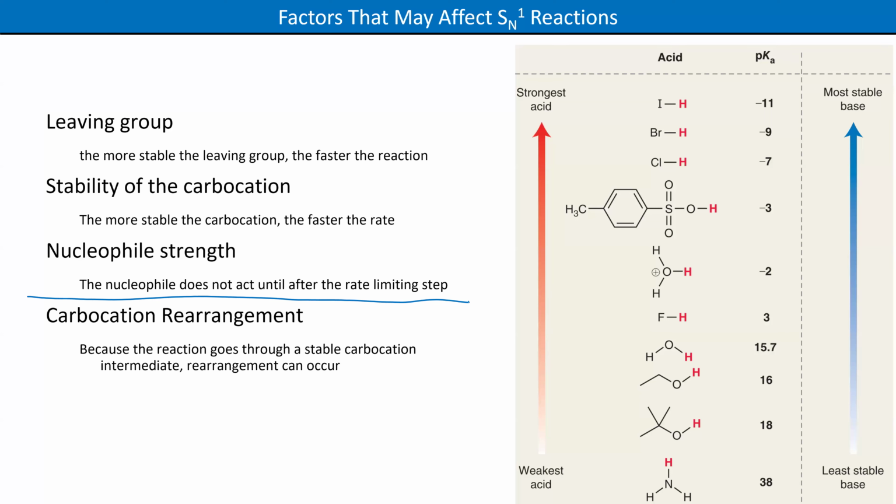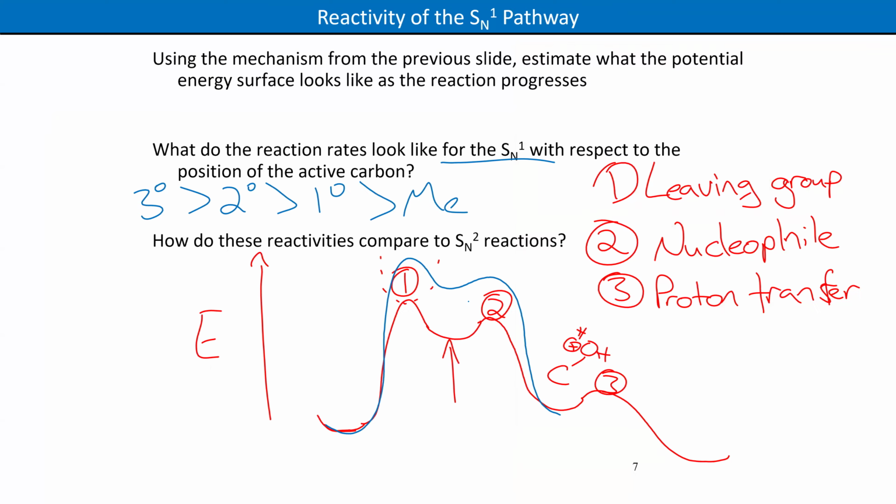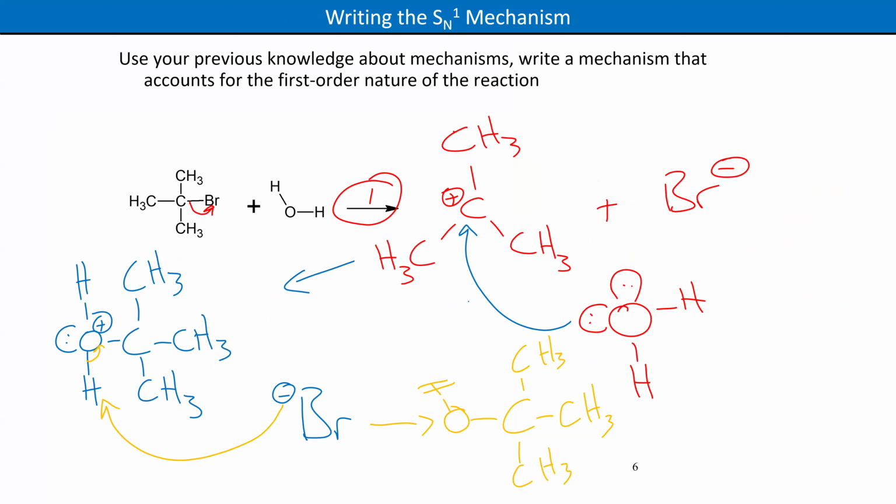However, SN1 adds one more wrinkle. Why? Because it goes through that carbocation intermediate. So there are advantages to SN1 though. For one, what does the geometry of this carbocation look like?